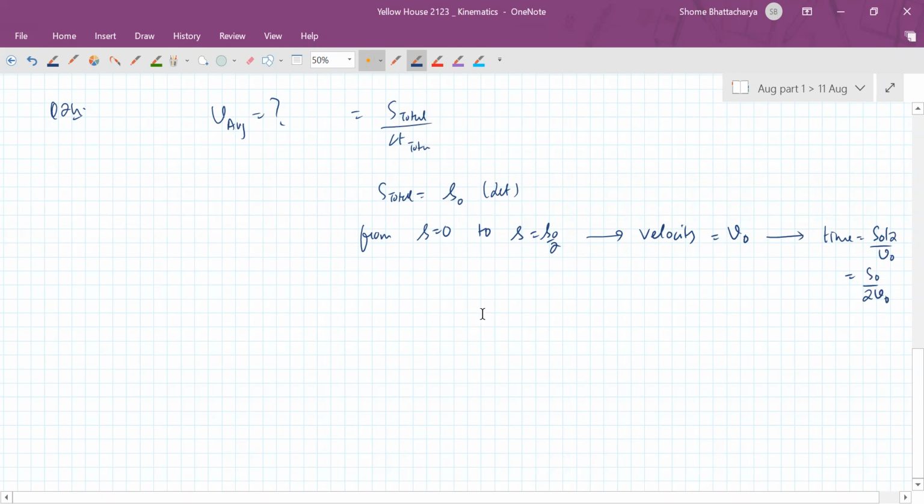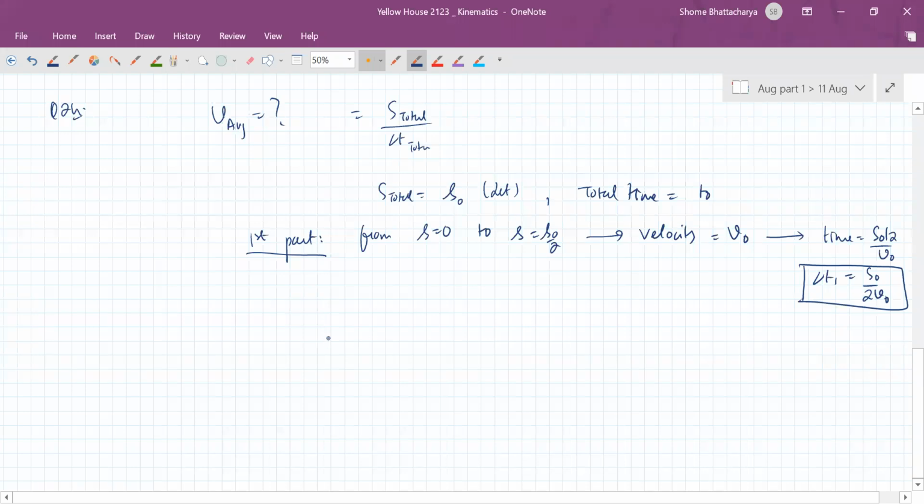Now what it's saying is that the remaining part of the distance was covered with a velocity v1 for the first half of the time and v2 for the other half of the time. Let us say the total time is equal to t naught. For the first part of the journey, from 0 to s naught by 2, it's traveling with a uniform velocity, so this is a time delta t1.